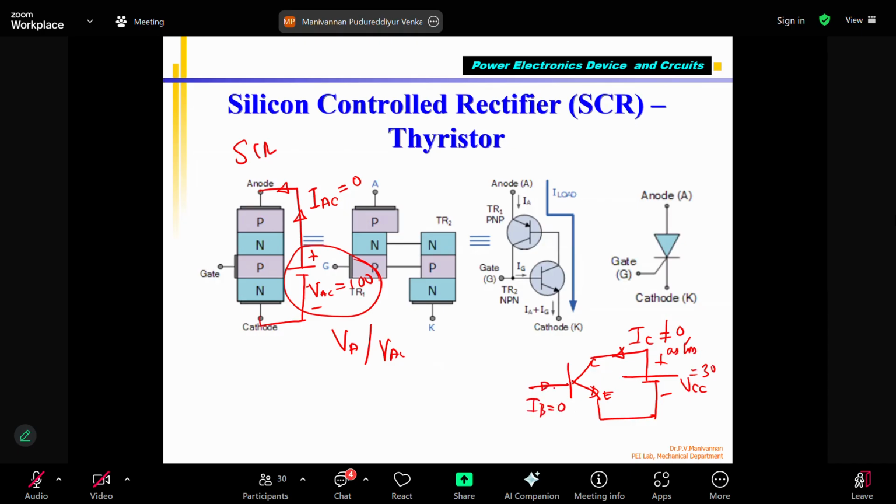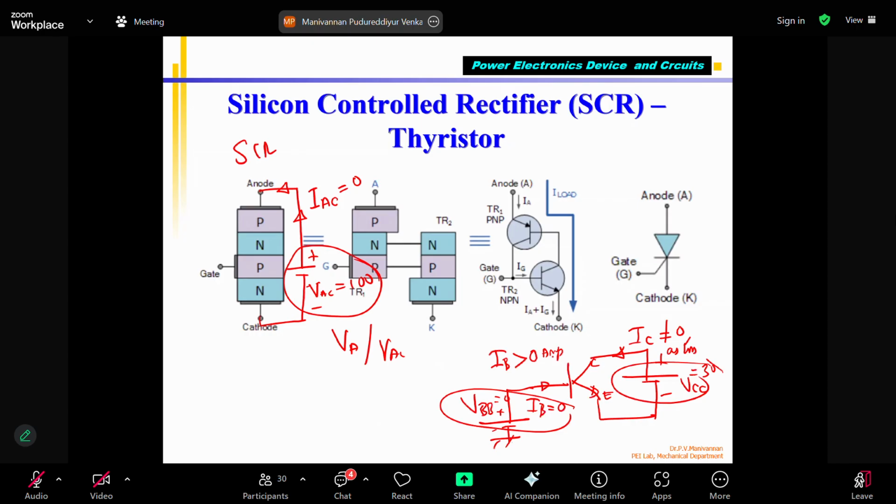If IB is zero, base current is zero, that means you need to connect a voltage. We say VBB, correct? Base voltage, plus minus for NPN transistor. If this voltage is zero, IB equal to zero, even though you apply 30 volts, the IC will be zero. If I want this current, IB should be greater than 0 amps.